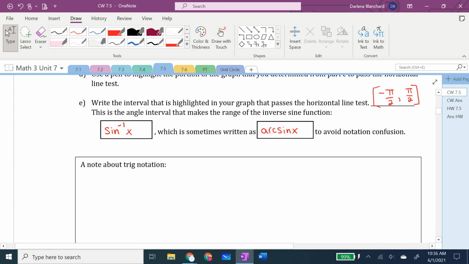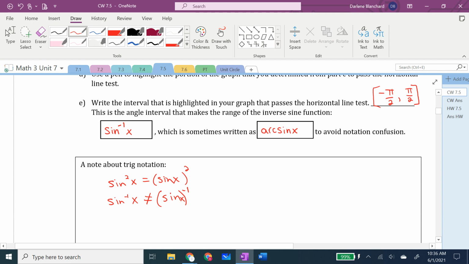That notation confusion is the fact that when we write this, we mean the sine of x quantity squared. But when we write this, we do not mean the sine of x quantity to the power of -1.